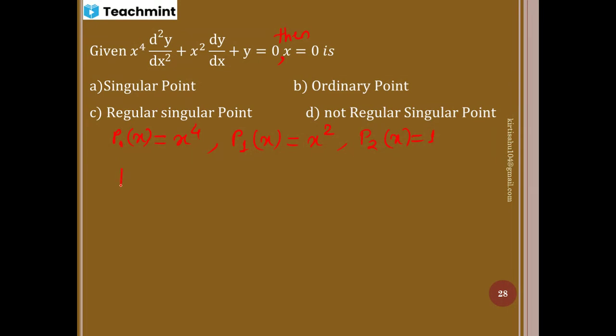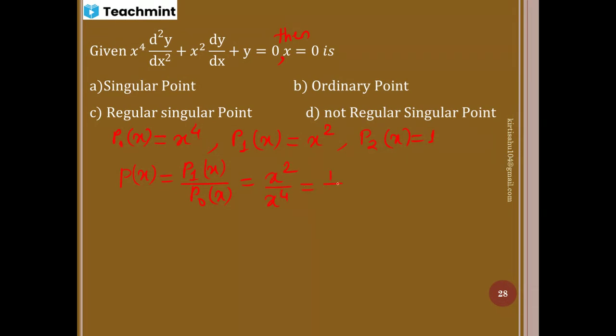Okay, now we will define p of x. What is my p of x? P of x is p1 of x upon p0 of x, which is equal to p1 of x, x square, upon x to the power 4.